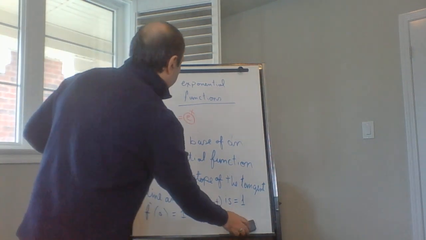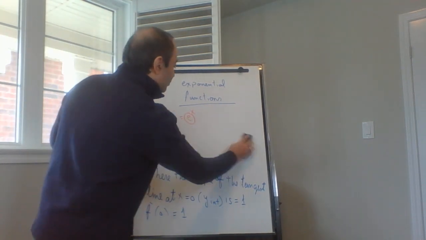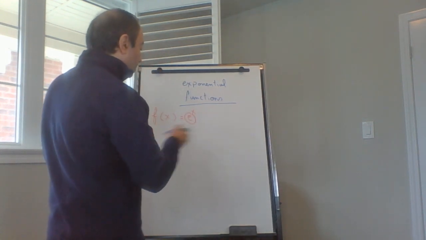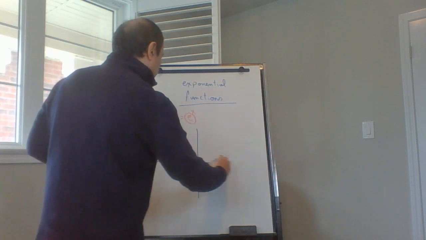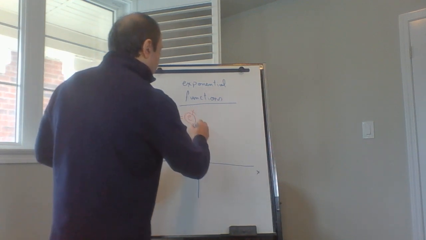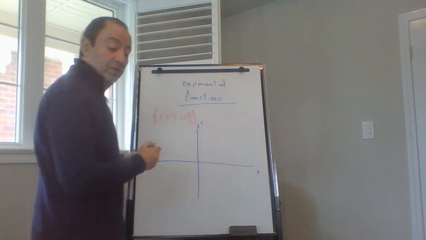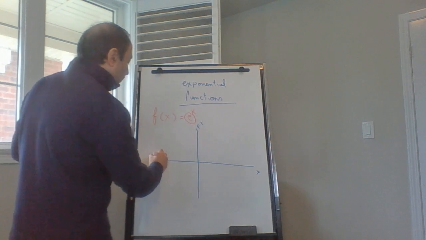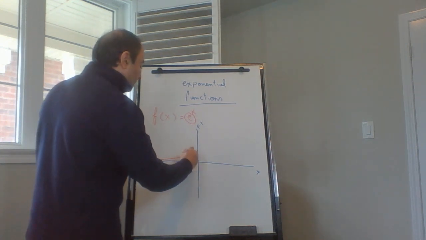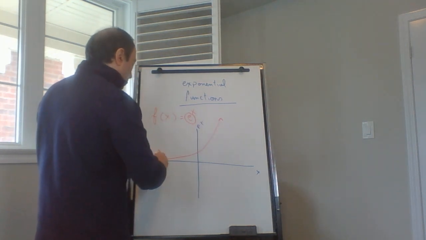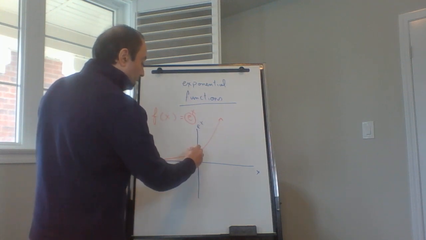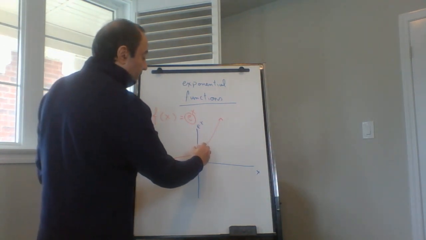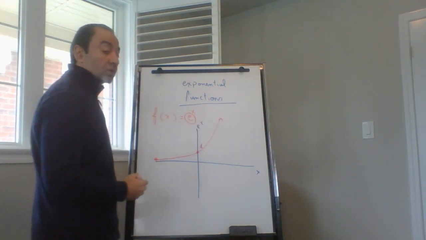So if we draw a graph of the function e to the power of x, this is x and this is e to the power of x. The same features we have seen before in the exponential function. It will have a horizontal asymptote at y equals 0, or the x-axis. It has a y-intercept at 1, and it is fast growing, as you see.